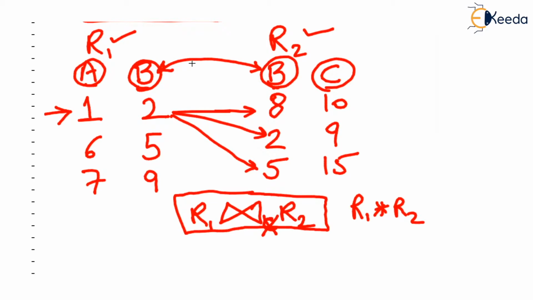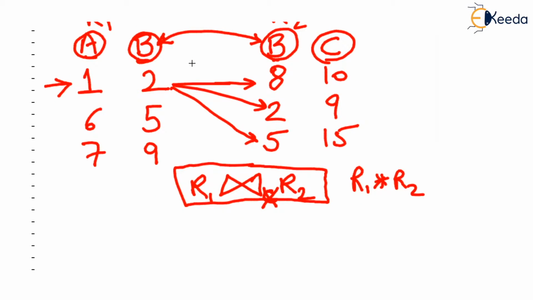Then in our result, we will have A, B, and C. Just check, B is the common column, isn't it? So it will be shown only once because we are doing natural join. And the match found is only between this 2 of R1 and this 2 of R2 as far as column B is concerned. So the result will be 1, 2, 9.